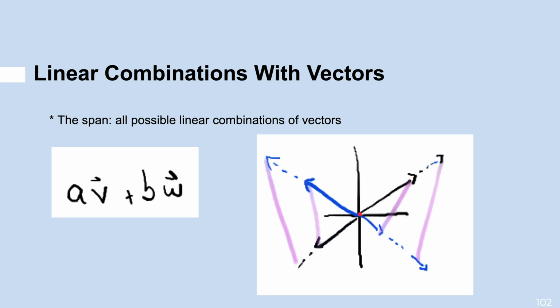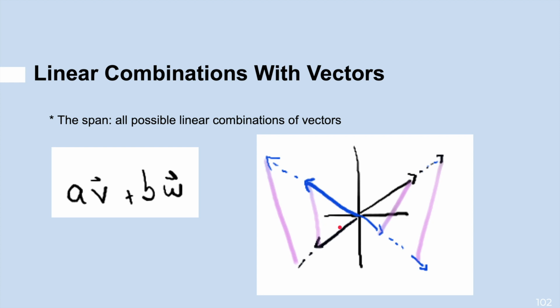So if here I have this vector plus this vector, I'm just drawing a line from them. Now I can do this forever, pretty much. So if I draw this twice as long and this half as small and I add them together, I can keep doing that, and all my possible combinations is called the span.